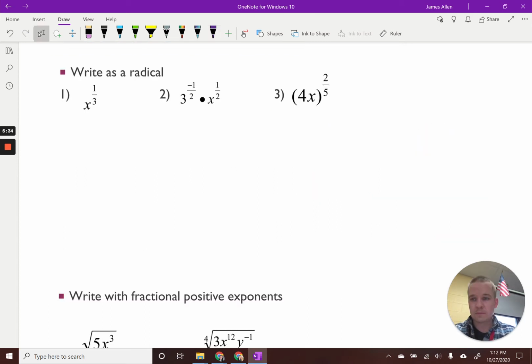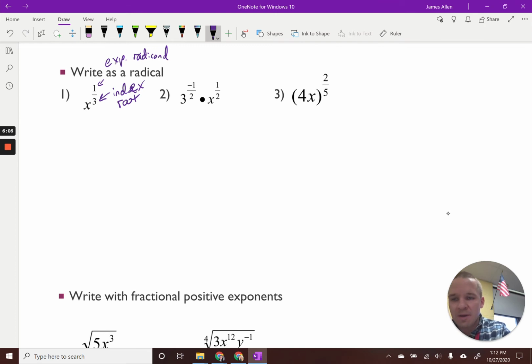Let's keep moving. All right, here we've got x to the 1/3 to write as a radical. I'm going to rewrite that as the cube root, right? This is my index, or root. And this would be the exponent of the radicand, that's the number that's inside the radical.